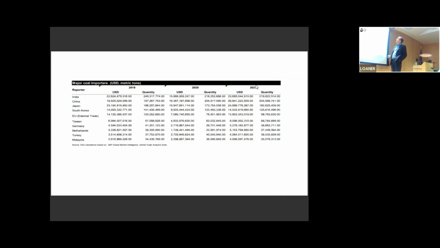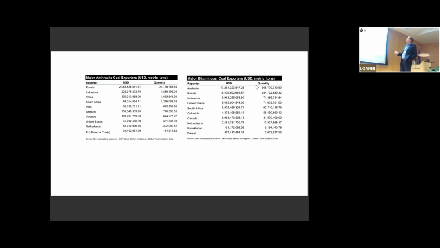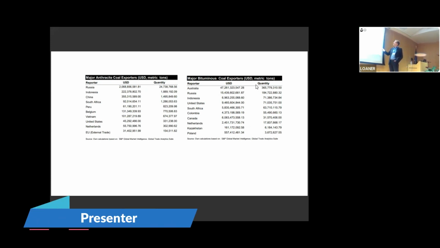When we go further, among major coal importers in fifth place we could see European Union countries, and according to statistics, the major coal exporter was Russia, and for bitumen, in second place was Russia. So Russia plays a really important role in the energy system of Western and European countries.